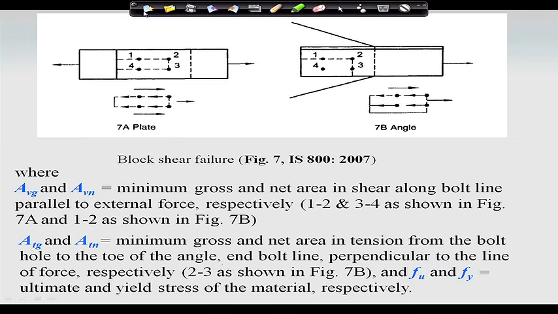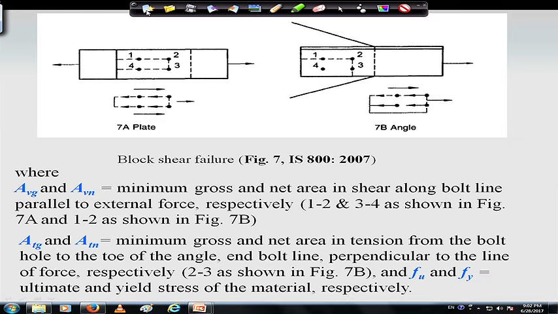Now, while calculating block shear failure, we have to know how to calculate the AVG and AVN values. This is given in the code. In figure 7 it is mentioned that these will be the minimum gross and net area in shear along the line parallel to the external force. That means 1, 2 and 3, 4 in the plate and 1, 2 in the angle.